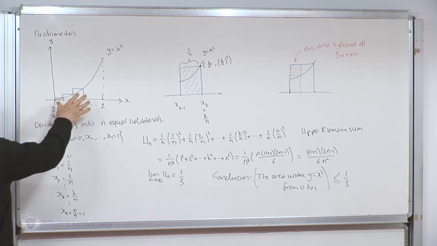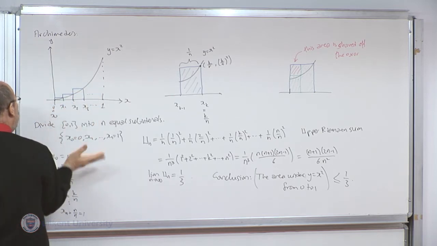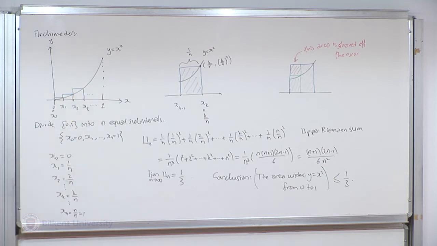So let's repeat the same argument with smaller rectangles. Let's approach this from below. I'll draw the picture again.